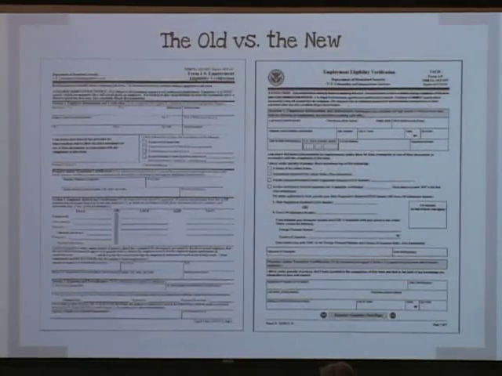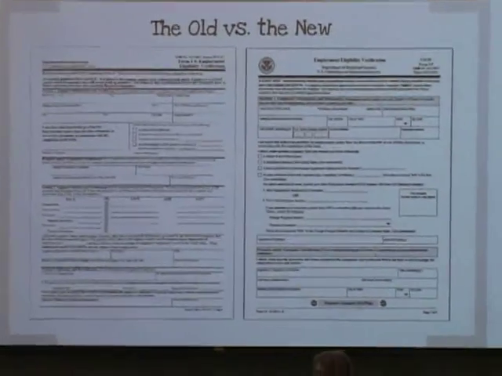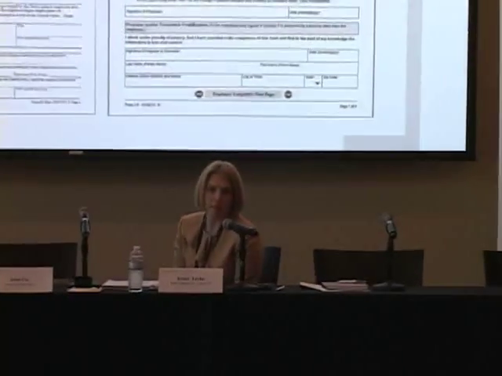Do I need to retain, for example, all the instructions and the list of acceptable documents with every single I-9 I maintain? No, the employer is not required to maintain or retain the instructions along with the 2-page form. You're only required to retain the 2 pages that you actually fill out the form on. And so that's all that's required for retention.